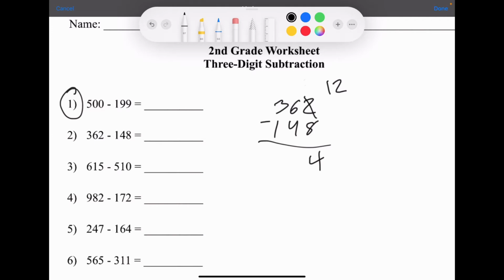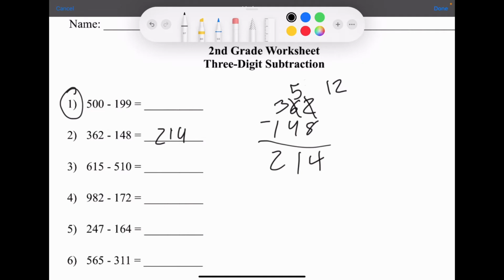And then we took the 10 from here, so we turn this into a 5. 5 minus 4 equals 1. And because we already took from the 6, we don't have to take from the 3, so you can just do 3 minus 1, 214.